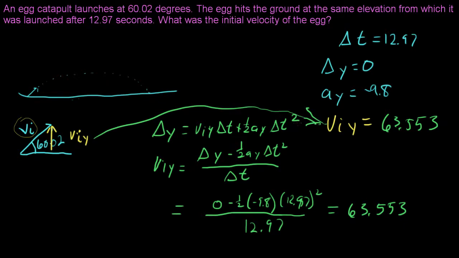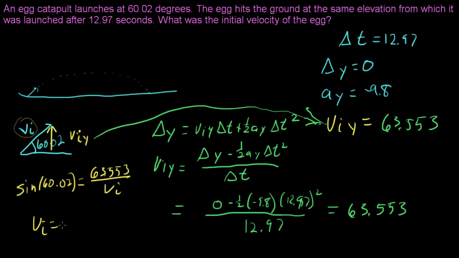Alright, so now we can just do trig to find the rest. We have to find the hypotenuse, and that's what we're looking for. So it's opposite this hypotenuse, so sine of 60.02 equals opposite 63.553 over hypotenuse VI.